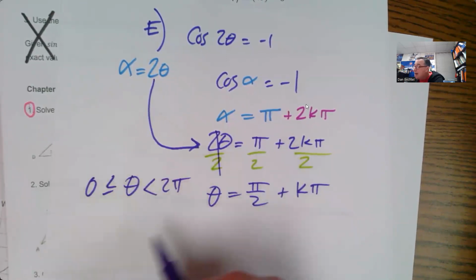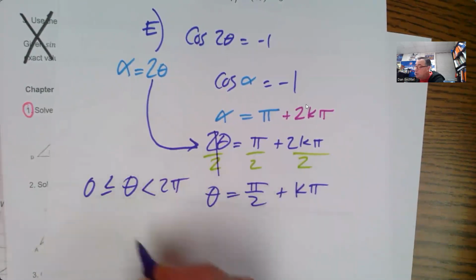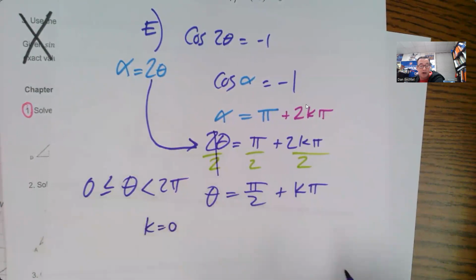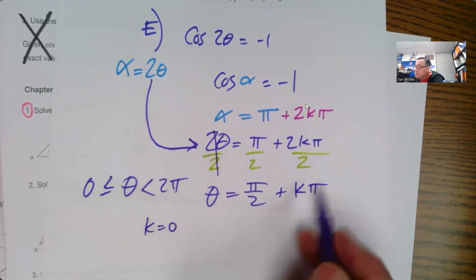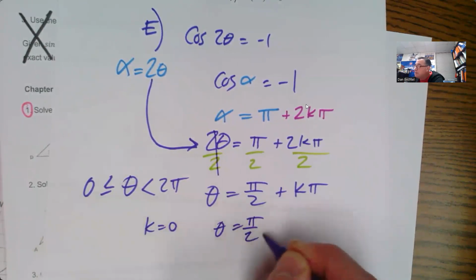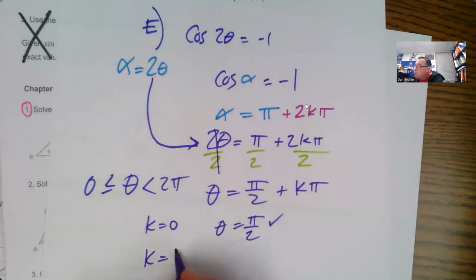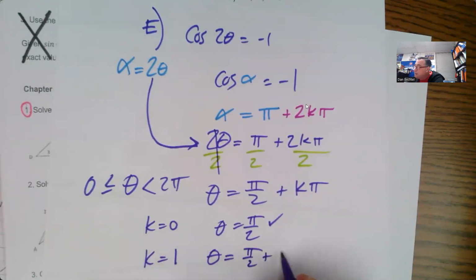So when I've done this, I'm going to start plugging in k values and seeing which answers fall in that category. So the first one I start with is k is equal to 0. That one's pretty easy because that just falls off. So if k is equal to 0, I know that theta is just pi over 2. That is one answer that would totally work. If k is equal to 1, theta is going to equal pi over 2 plus pi, or 3 pi over 2.